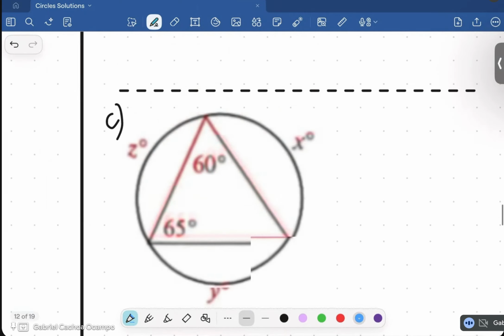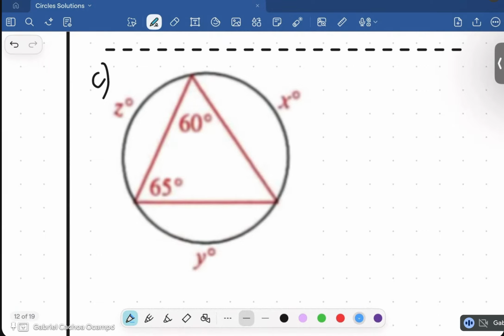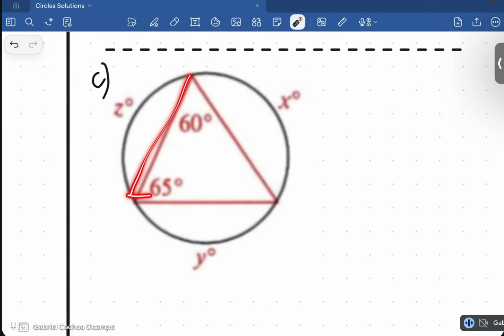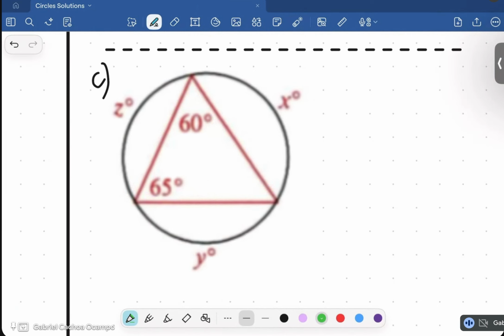Okay, and the last one, try to do it by yourselves, but if you cannot do it, I am here. Okay, first of all, notice that you have a triangle. If you have a triangle, this angle needs to be 55. And if this angle is 55, z is 110 because inscribed is half of the arc.